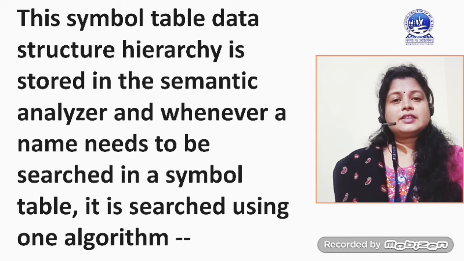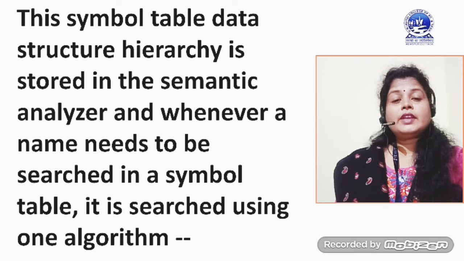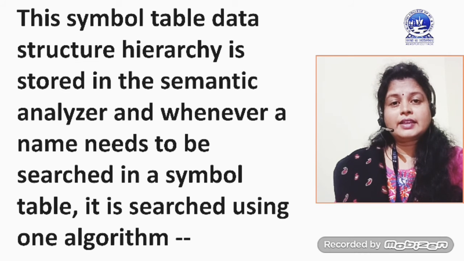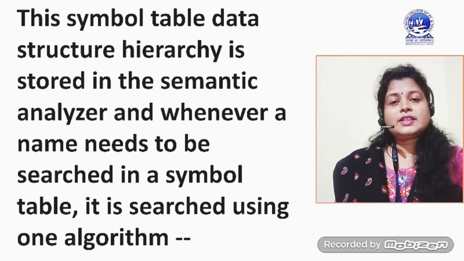Already we have discussed some details about the symbol table: how the symbol table is maintained, what the diagrammatic representation of the symbol table is, what the meaning of scoping rules is, etc. Whenever any phase of the compiler needs to search the symbol table for a particular entry, the table is searched by using one specific algorithm.